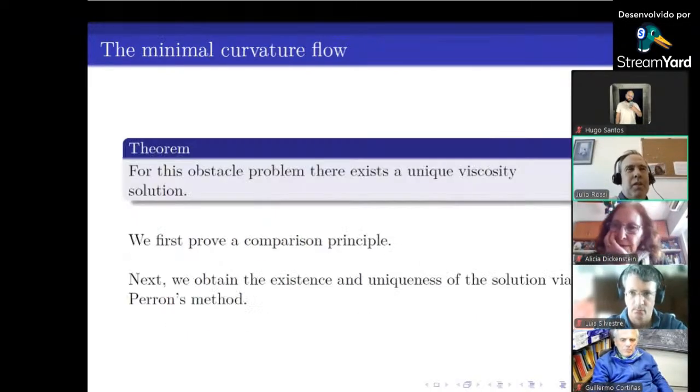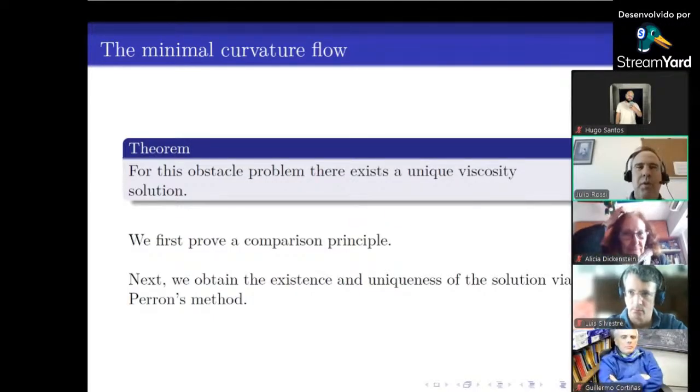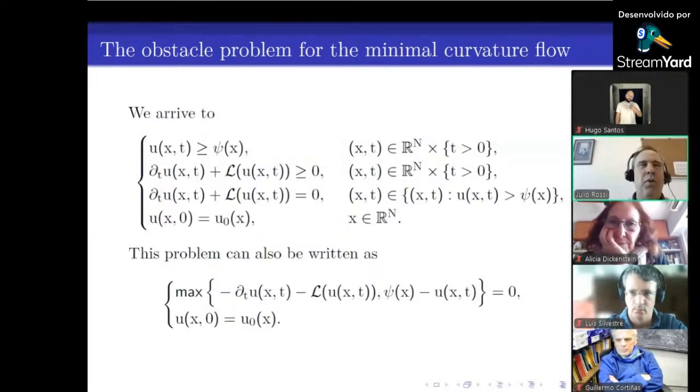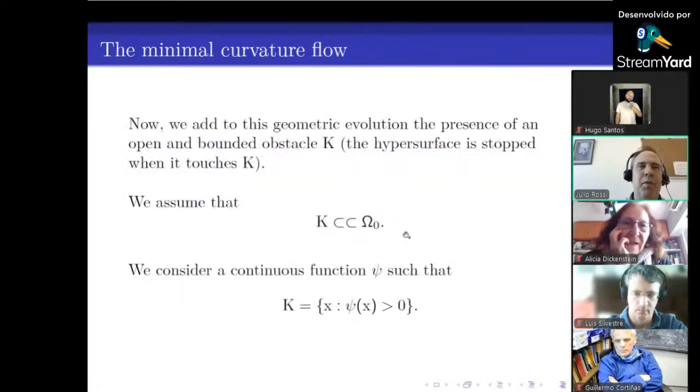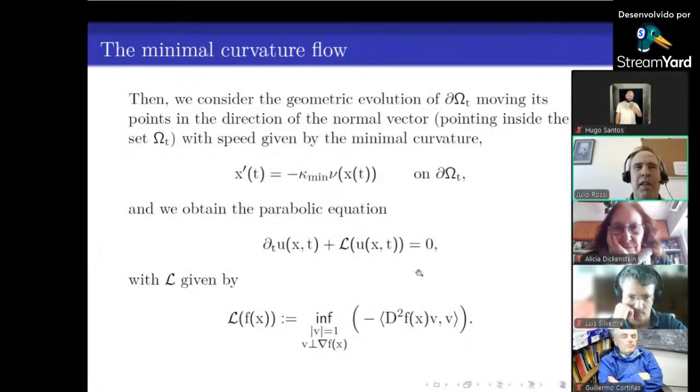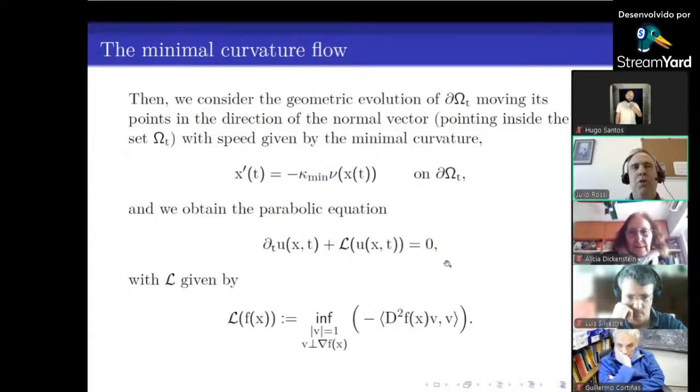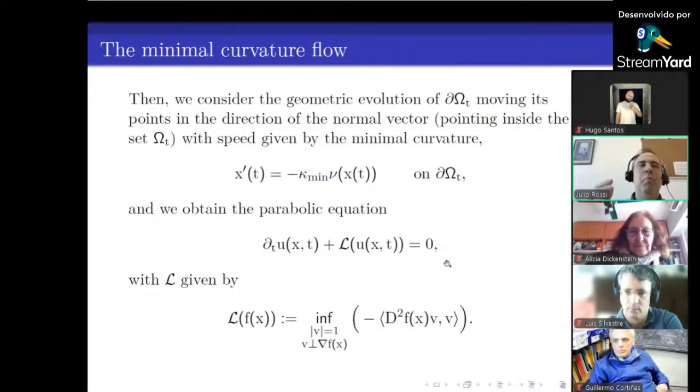Okay, the first theorem that we can prove, and that is not a surprise, is that for this obstacle problem in this setting, for these equations, you have existence and uniqueness of a viscosity solution. And all these things rely on a comparison principle. The comparison principle for the minimal curvature equation, for this parabolic equation, can be proved as usual, doubling variables and making more or less the same strategy that can be done for the mean curvature equation.